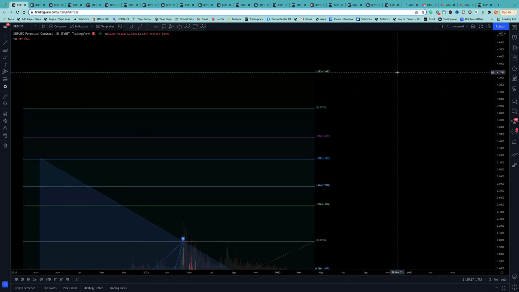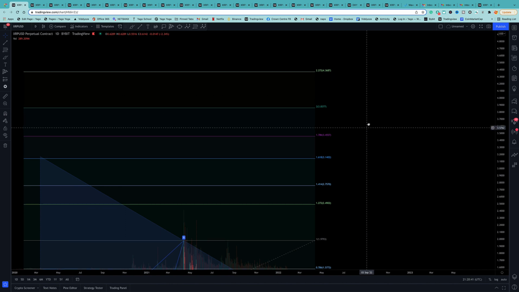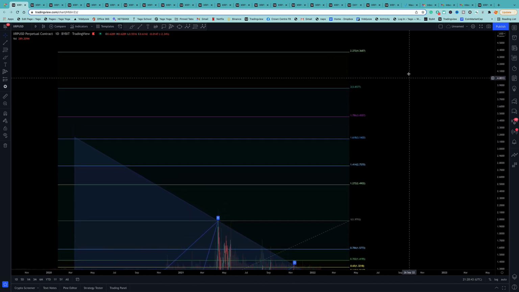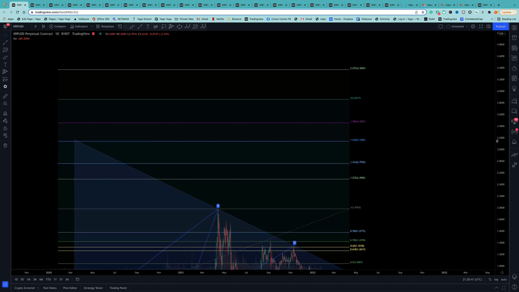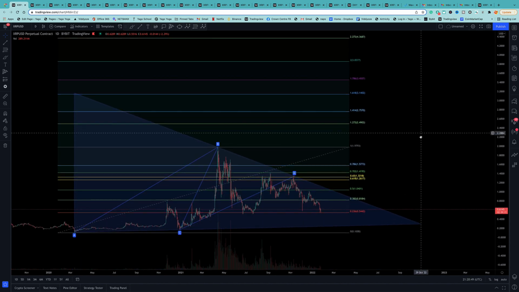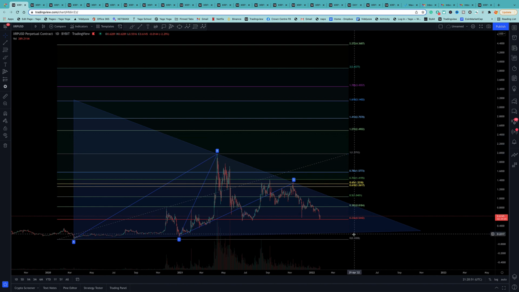The 2272 is at $4.37. You'll hear a lot of people talk about $4.50, and this is the reason why: the fibs mapped out like this are saying that. They talk about $4.50 being the minimum.